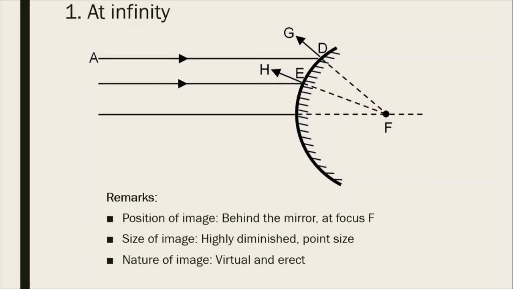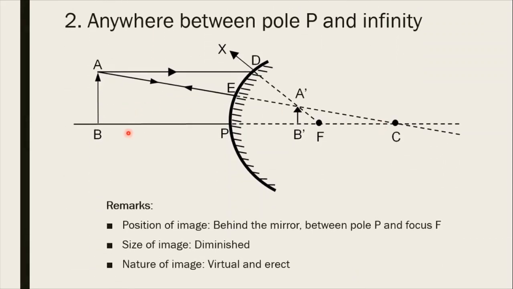Moving on to the next position, that is when my object is kept anywhere between infinity and the pole of the mirror, there is only one inference that can be found out. Over here, we take two rays again for the image formation.